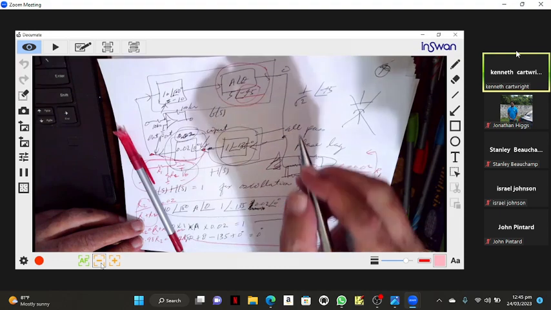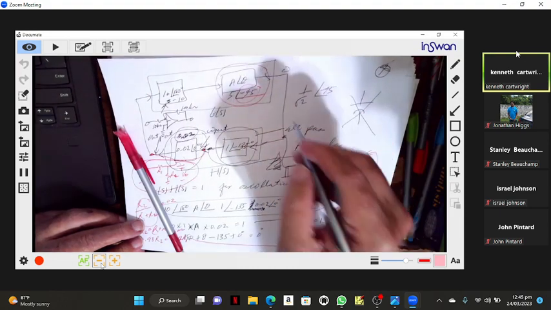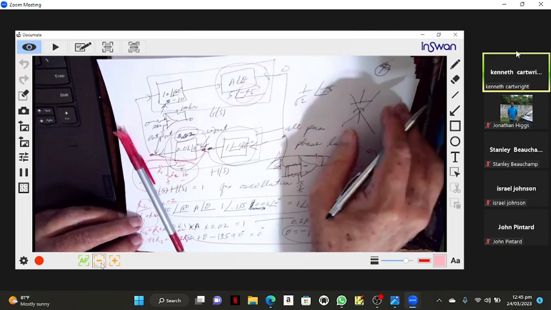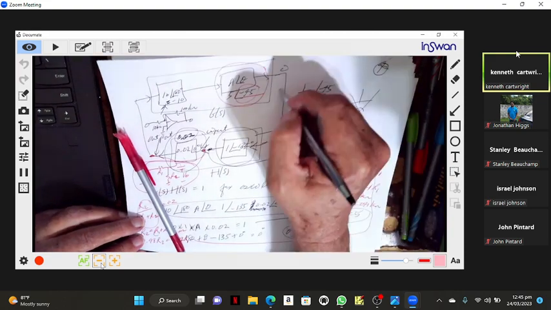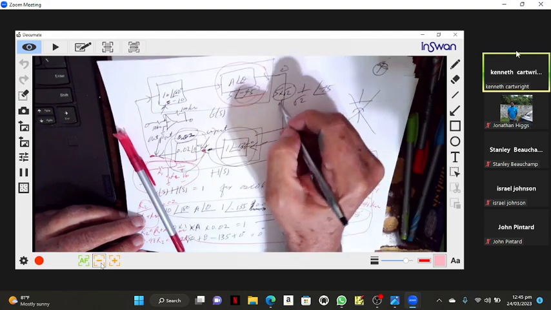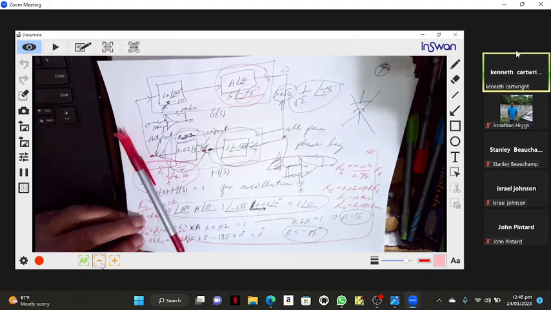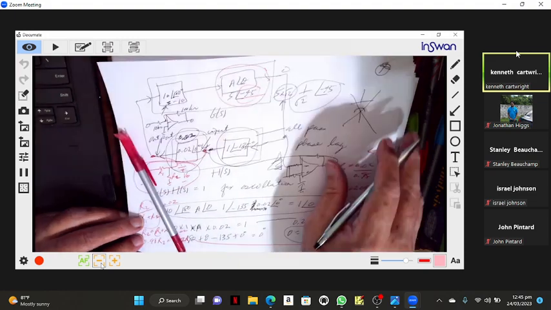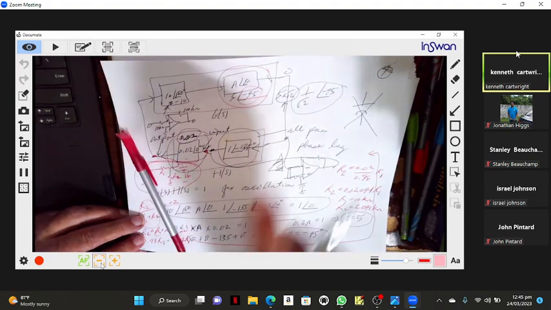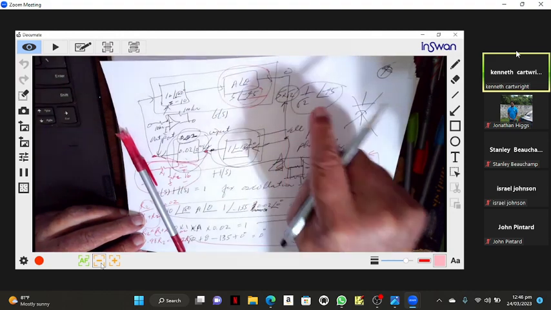And so if I want overall gain of 5, I need an amplifier that has a gain of 5 times root 2. This would be my non-inverting amp, and this would be my low-pass filter. Because for a low-pass filter with a phase shift of negative 45, the gain is 1 over root 2.